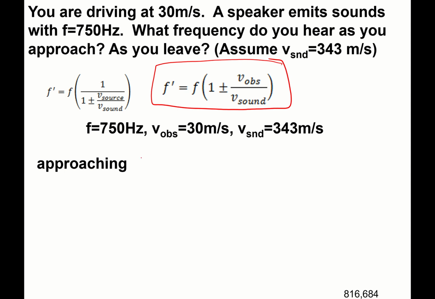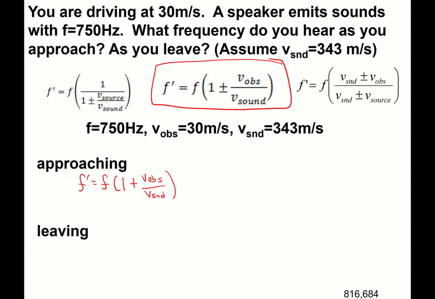So if it's approaching, I'm going to use f prime equals f times 1 plus the speed of the observer over the speed of sound. And if it's leaving, I want it to get smaller, so I'm going to use f prime equals f times 1 minus the speed of the observer over the speed of sound.